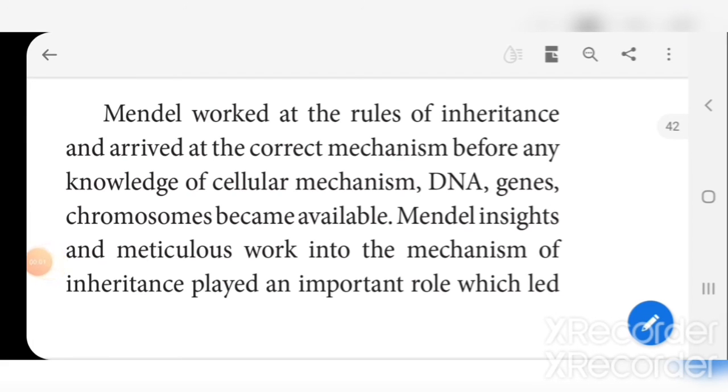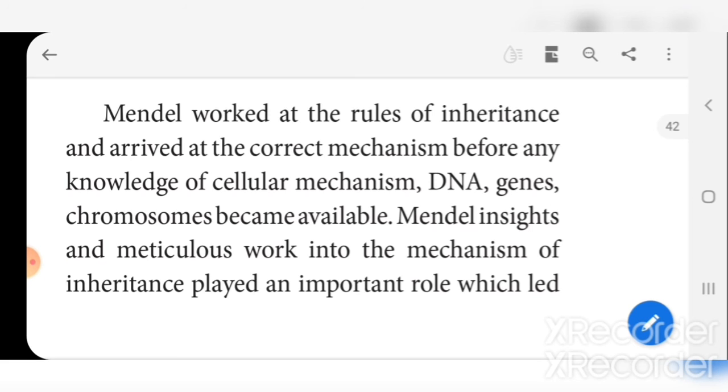Mendel worked out the rules of inheritance and arrived at the correct mechanism before any knowledge of cellular mechanism, DNA, genes or chromosomes became available.